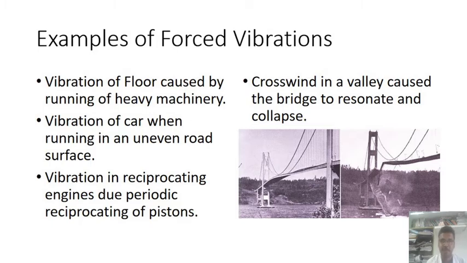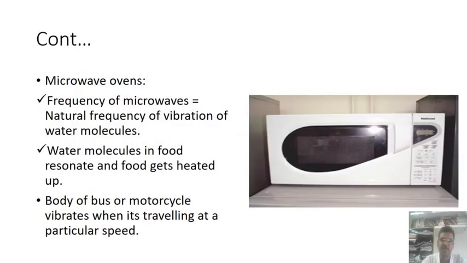Vibrations in reciprocating engines due to periodic reciprocating motion of pistons. Next is crosswind: a crosswind in a valley caused a bridge to resonate and collapse. That is also one example.